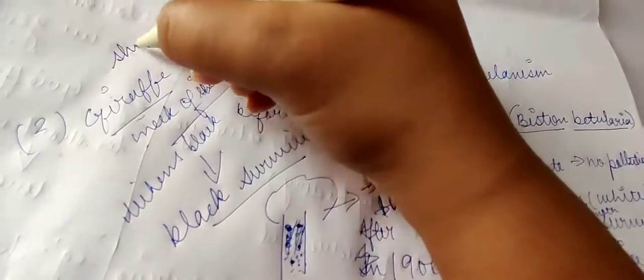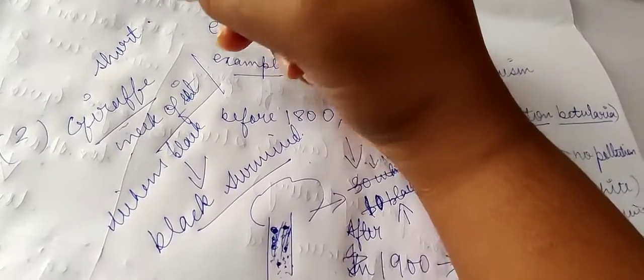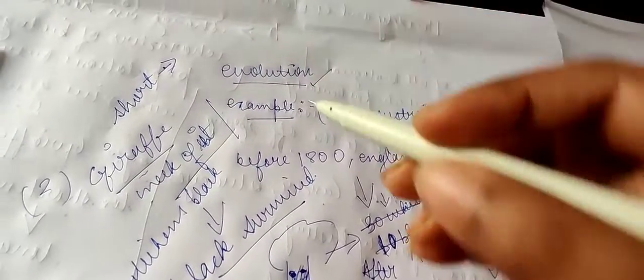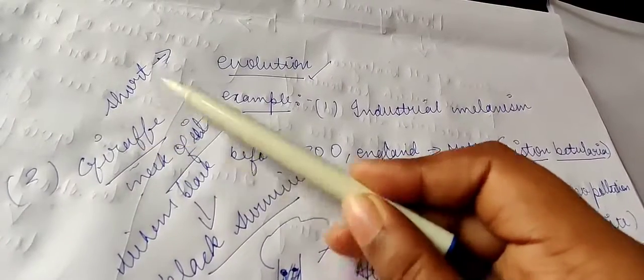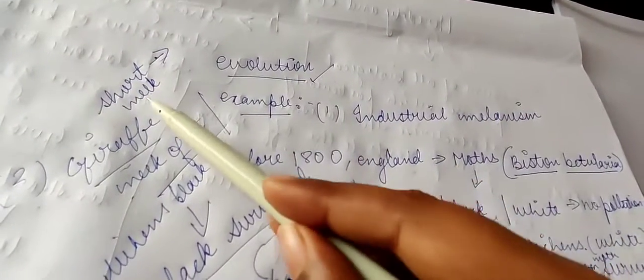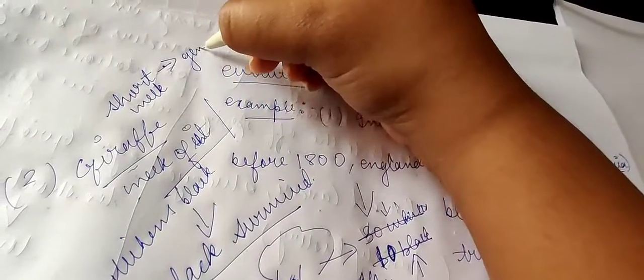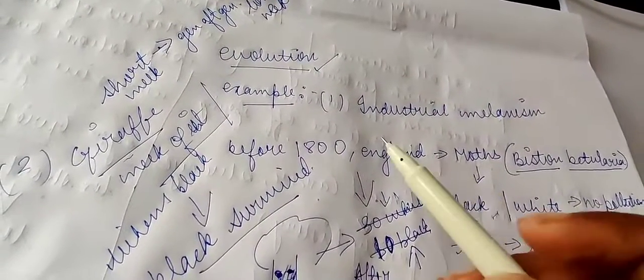Before, it was short. Generation after generation, their necks got long, because they had to survive, the survival of the fittest.